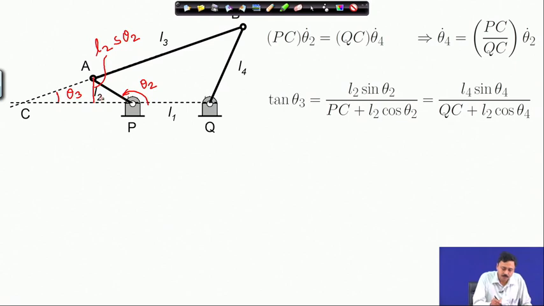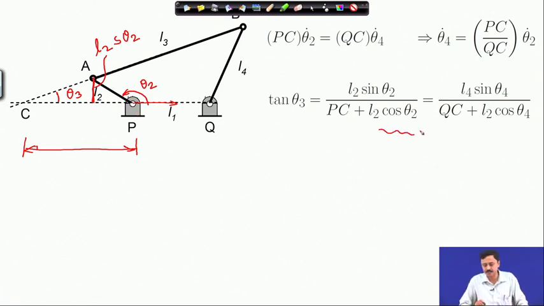So, this vertical projection of the link is L2 sin theta 2, divided by P c plus L2 cosine theta 2, which is the projection of L2 on the x axis. It happens in this case to be negative, because if theta 2 is greater than 90, automatically this takes care of the sign. So, in this case it will be P c minus this distance.